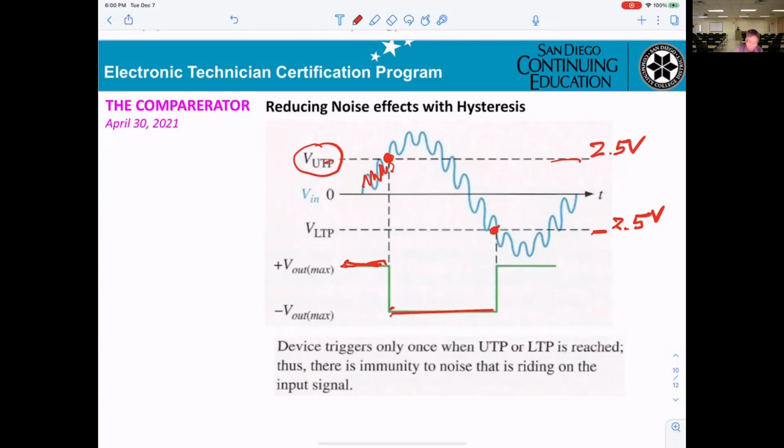Okay, on this point, they will be less than the trigger point, so they get positive saturation. That's just for your understanding. You see, but you don't have to do anything.